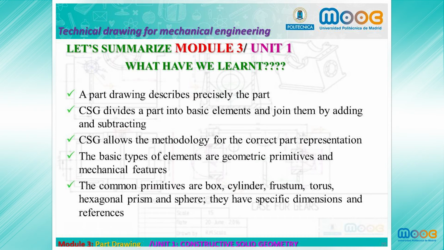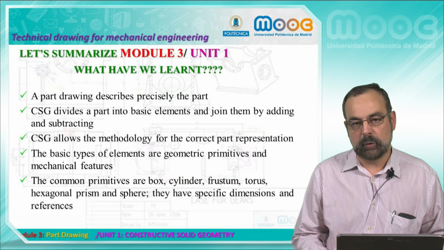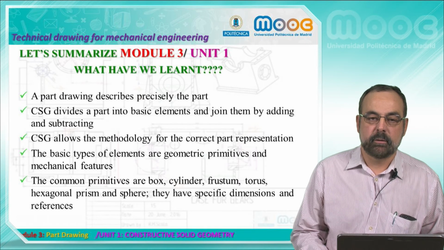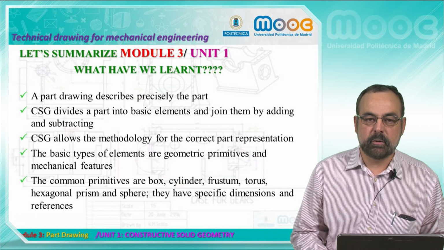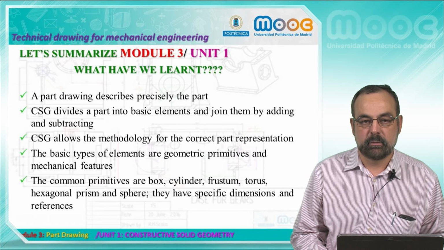Now, let's summarize Module 3, Unit 1. What have we learned? A part drawing describes a part precisely. CSG, this methodology, divides a part into basic elements and joins them by adding and subtracting.